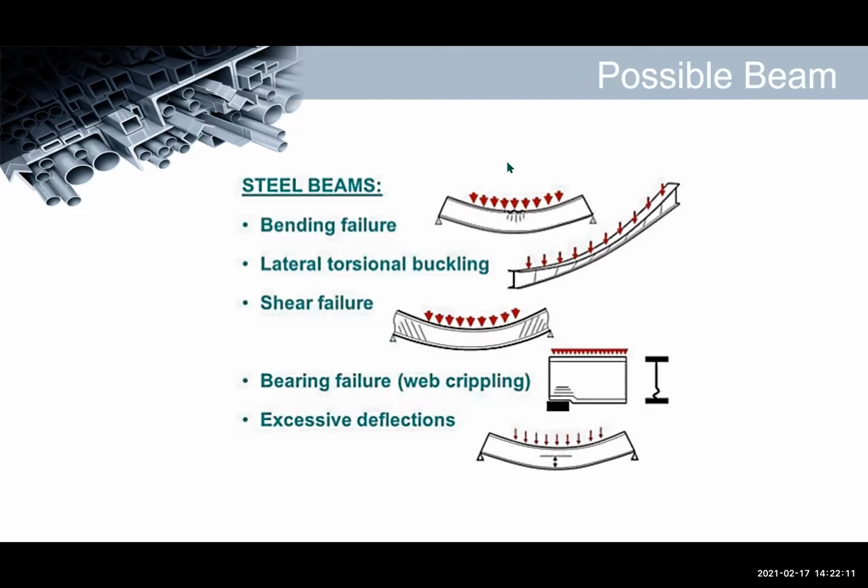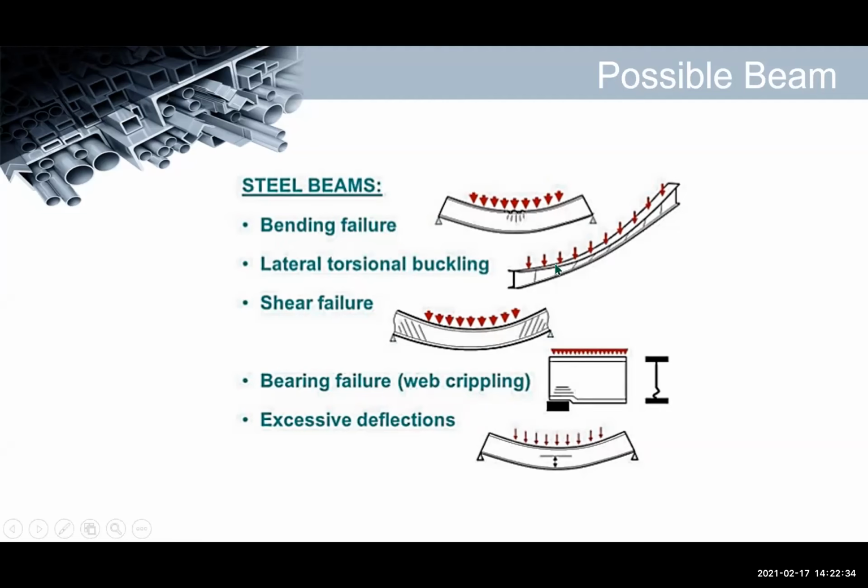Ito yung mga possible beam failures. So, first, we have your bending failure. Kung mapapansin nyo, yung failure niya is nandito sa may center. Then, we have your lateral torsional buckling.